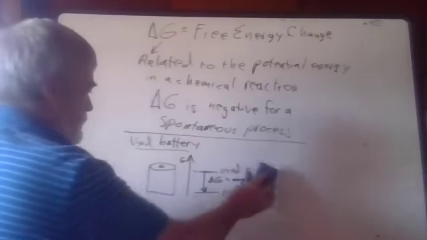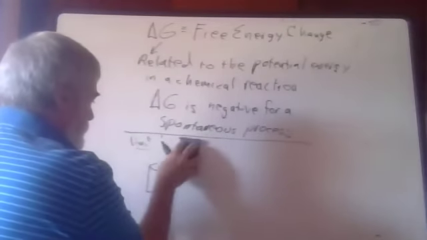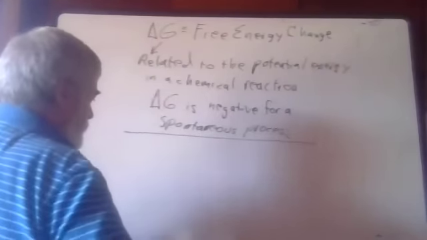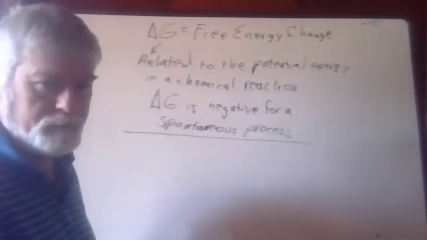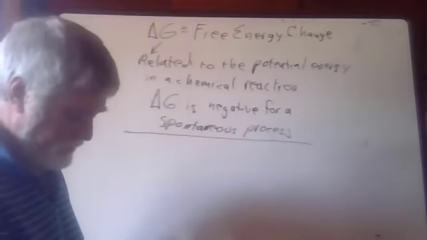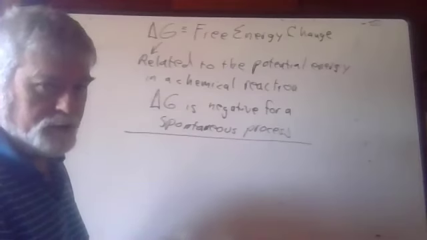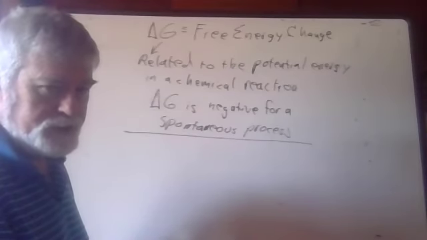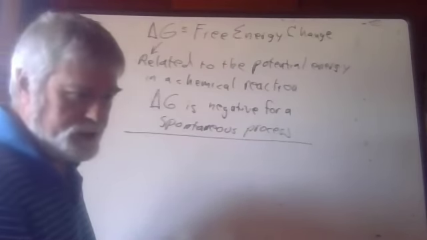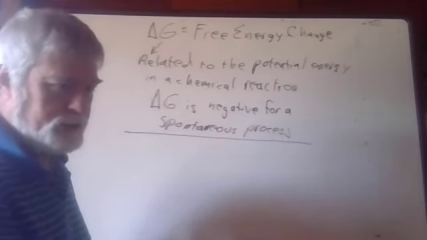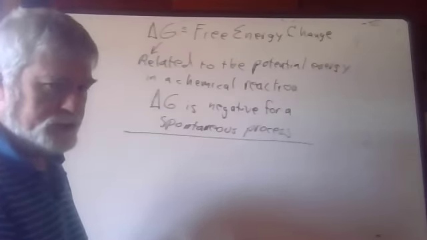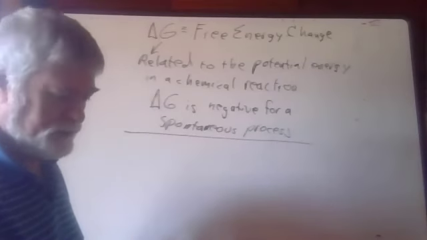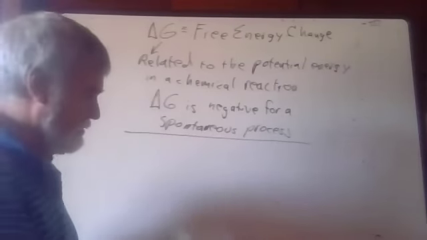But can a reaction be spontaneous in the reverse reaction? Yes, it can. If the delta G of a reversible reaction is positive, that actually means that the reaction is spontaneous but in the reverse direction. But it has to be a reversible reaction for that.